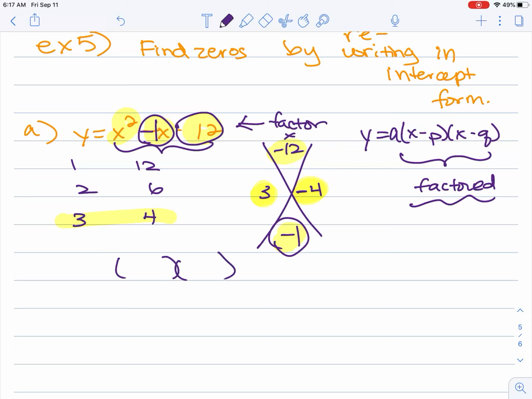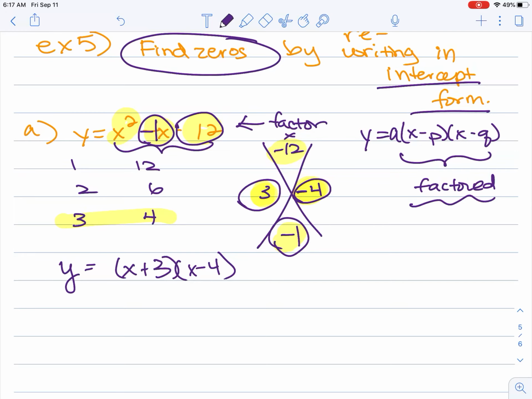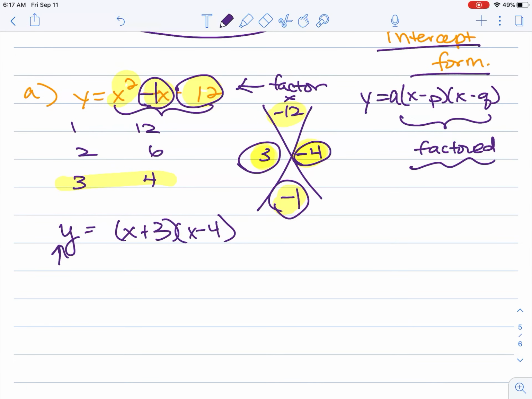So now we're going to factor it. x plus 3, because it's a positive 3, x minus 4. We set that equal to y. But remember, we're not just looking for it in intercept form. We're finding the zeros. So let's remember that zeros are also the x-intercepts.